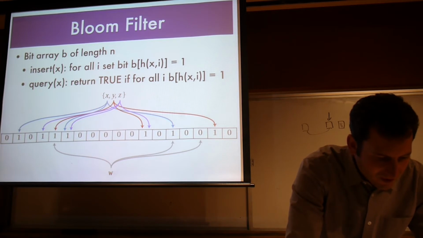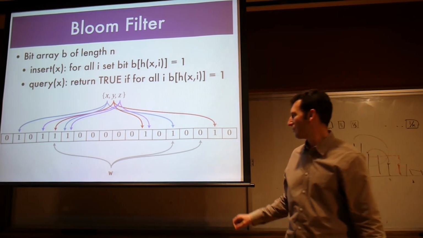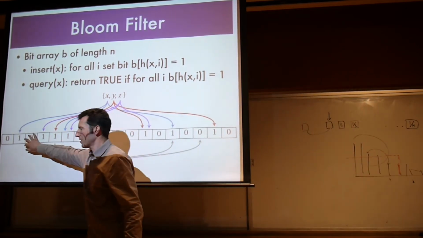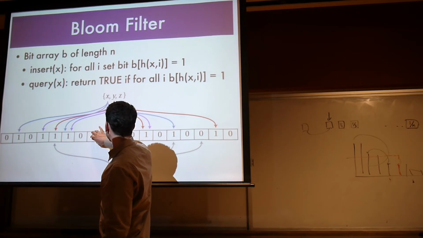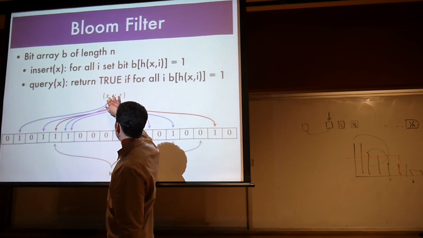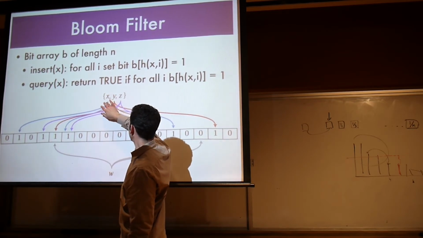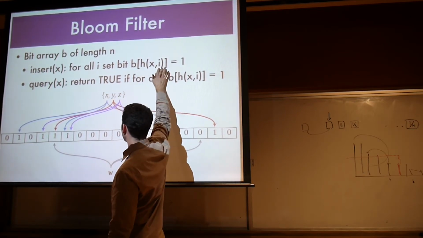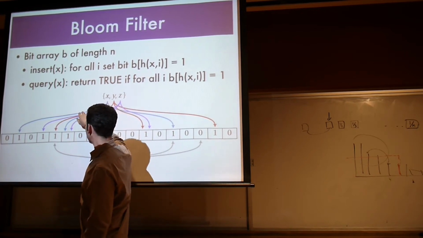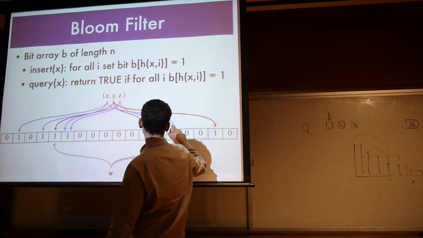So here's a simple definition of what a Bloom filter does. We take a bit array, B, of length n. So these are individual bits. And for an insert operation, what I do is I compute hash of it. Let's say insert x. I compute hash of x and i, for i in, in this case, I picked three guys. This one, and that one here.